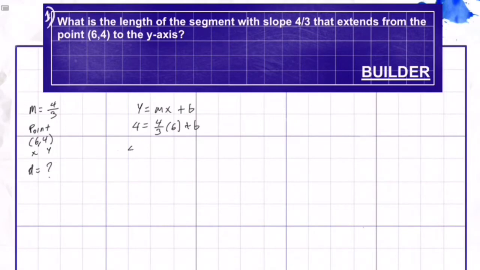So we have 4 equals 4 multiplied by 6 is 24 and divided by 3 plus b. If we solve for b, we have that the answer is -4. You divide 24 divided by 3 is 8. If we pass the 4 to the other side, negative, you have -4.